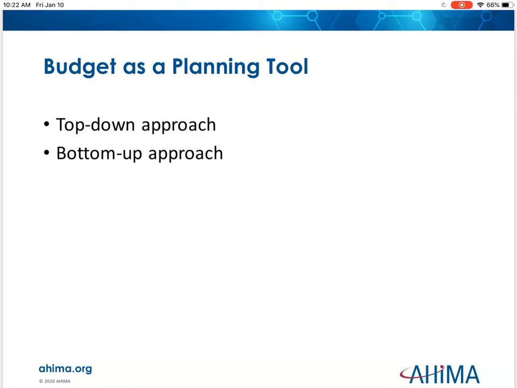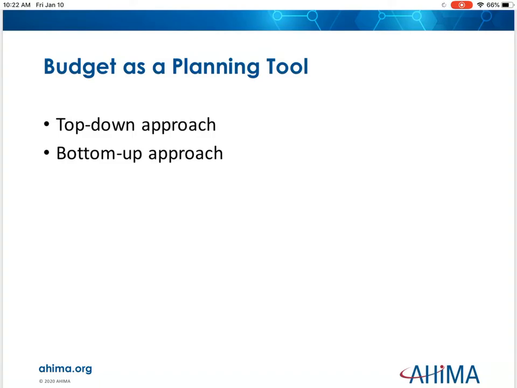From a manager's perspective, the advantages is there's not that time-consuming, beating your head against the wall trying to get your budget just perfect, because again, it's handed to you. And there's minimal need for negotiation as the budget has already been pre-approved by senior administration. Now, the downside is that the final budget includes little, if any, input from the department.